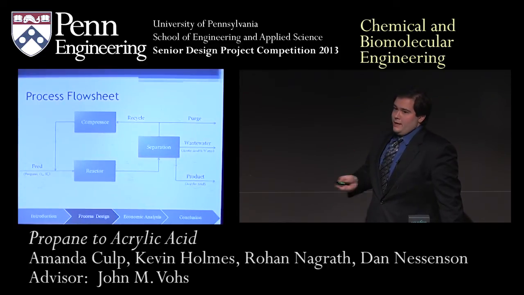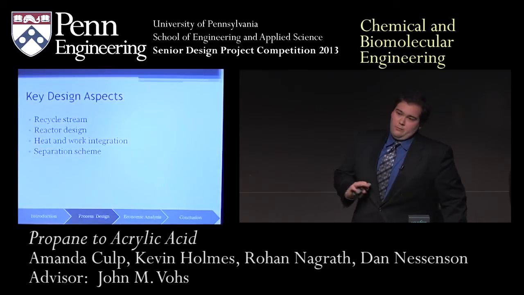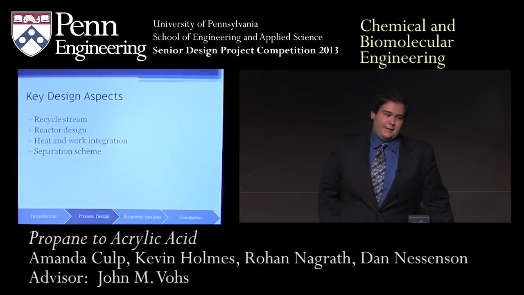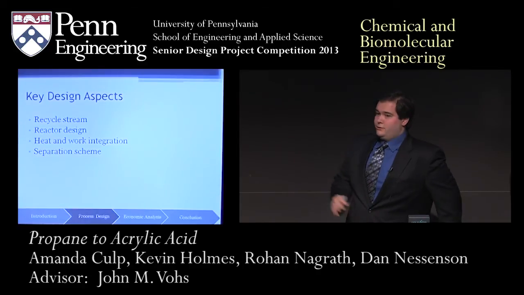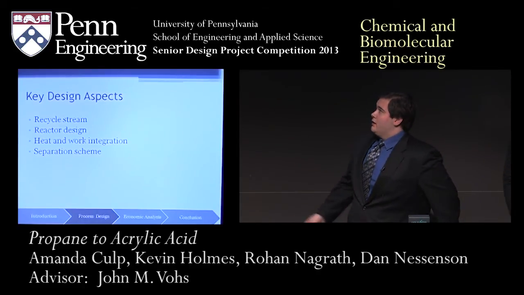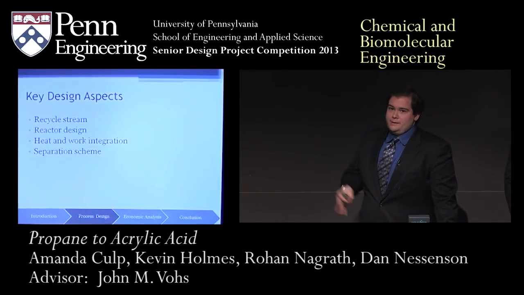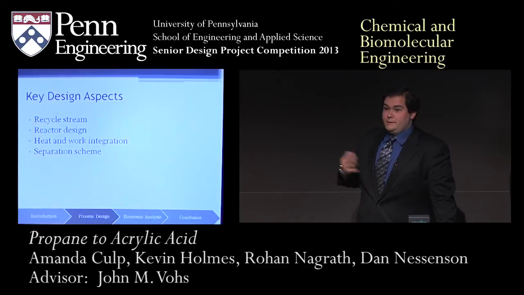And this recycle stream is one of the important design schemes that we came up with that were really vital to our success. So that recycle stream, our reactor design, our heat and work integration, and our separation scheme, those are all part of our intelligent design that enabled us to build a successful plant.